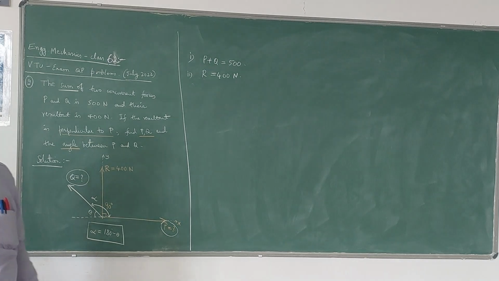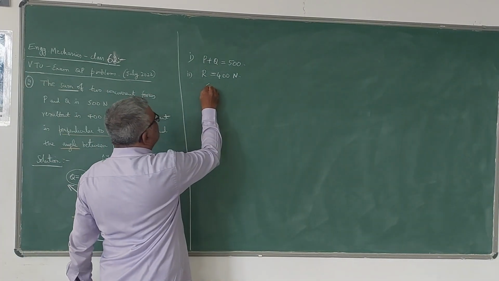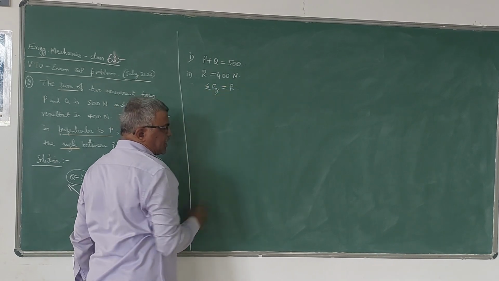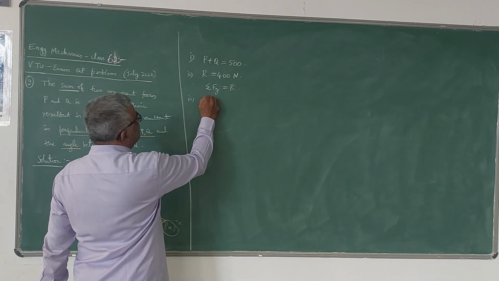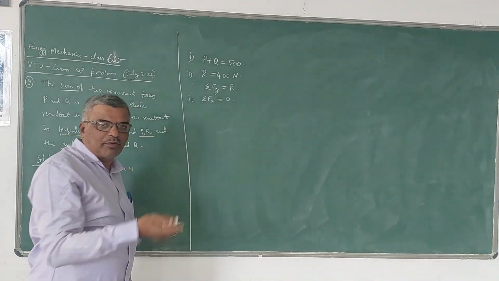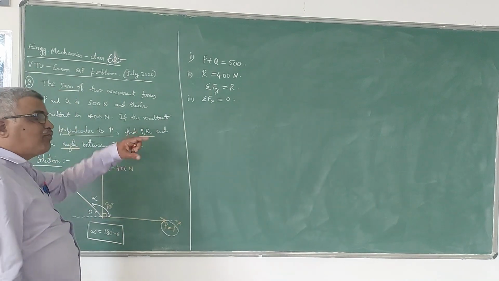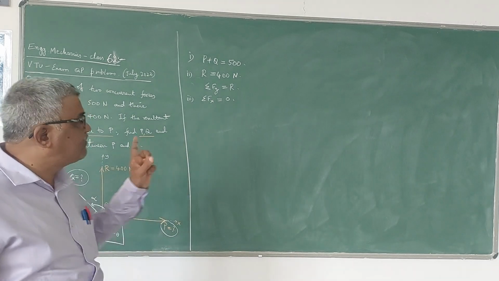Whenever you know that the resultant acts along the y-axis, that resultant can be equated to sigma Fy. So sigma Fy itself is R here. Then what about sigma Fx? Sigma Fx will be 0. We have done these types of problems before. If the resultant acts along the x-axis, sigma Fy will be 0. If the resultant acts along the y-axis, sigma Fx is 0.